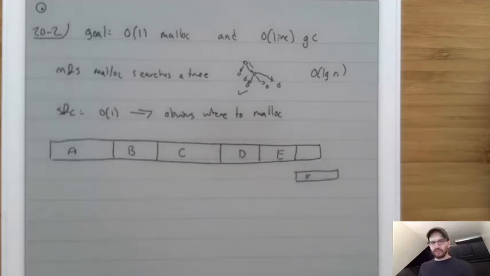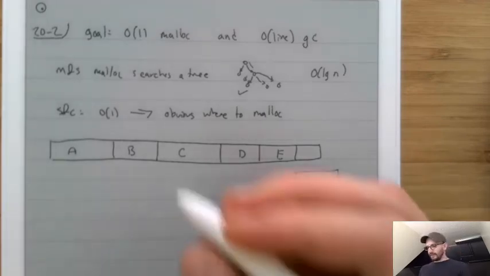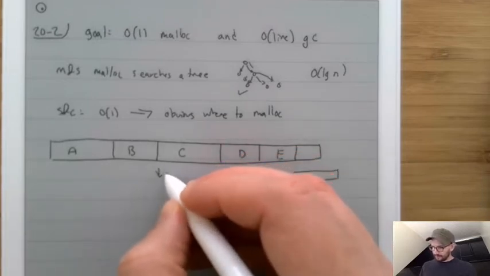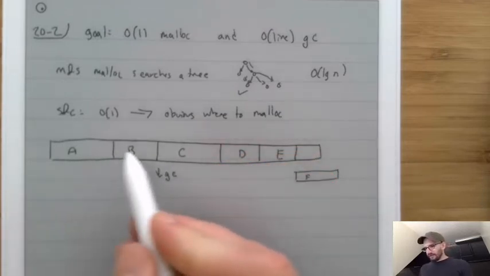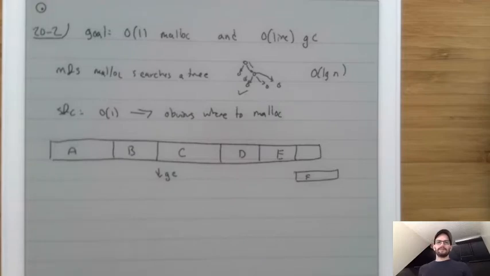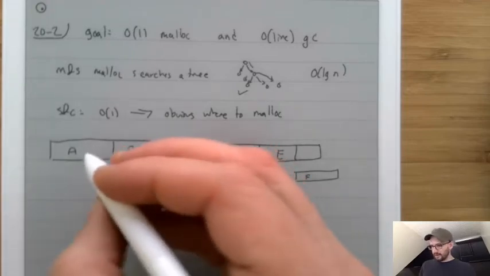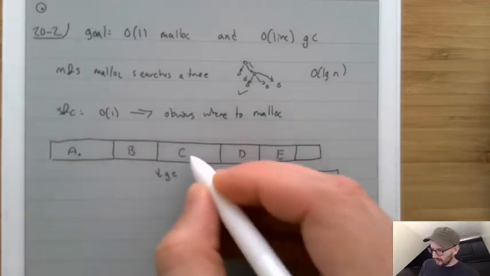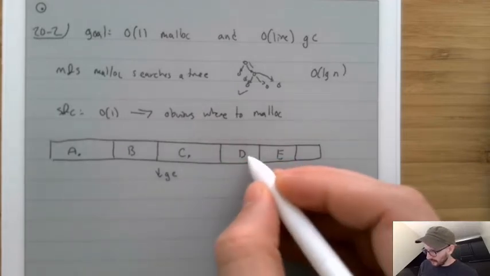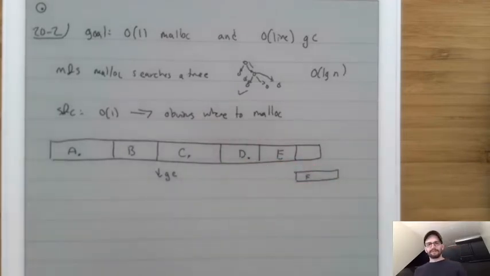But F would be too big. So in that case, we do garbage collection. So we go through and we mark. And let's just suppose that when we mark A, we mark C, and we mark D. Okay? So we mark those three things.